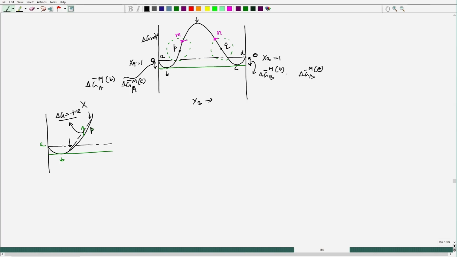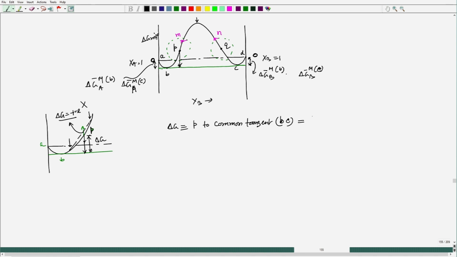Now, from P the free energy can go down, all the way to the common tangent, and once it reaches the common tangent, it will attain equilibrium, and the free energy change would be given by delta G. So, delta G from P to the common tangent which is connecting B and C. The system would not find any other place to go, because from below that it cannot reach.